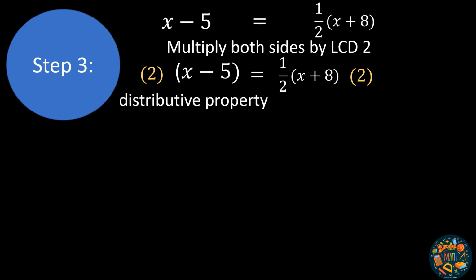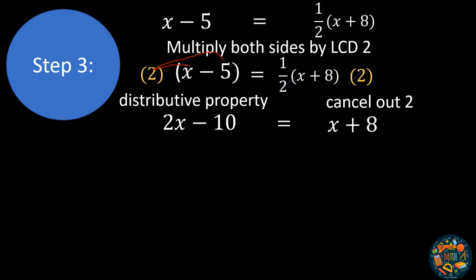We are going to use the distributive property. So we have 2 multiplied by x and 2 multiplied by -5. So we have there 2x minus 10 equals, cancel out 2. If we cancel out 2, then we have x plus 8.